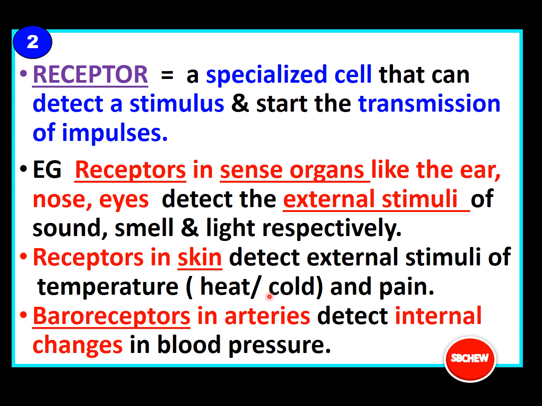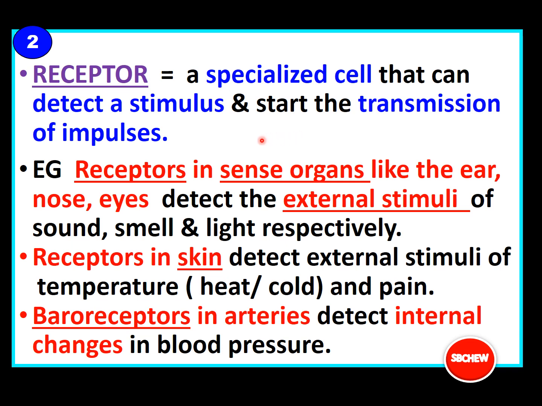Okay, so once the receptor has detected the stimulus, it will produce an impulse. The stimulus will trigger the production of impulse by the receptor, which is then transmitted by nerves to the brain.